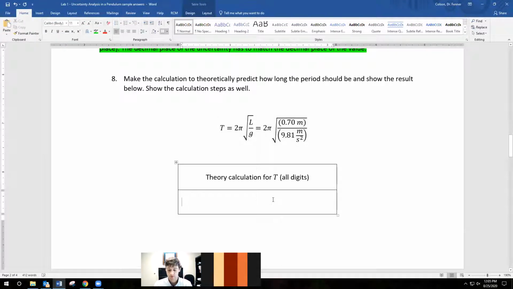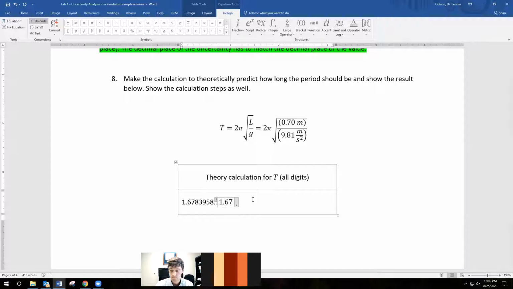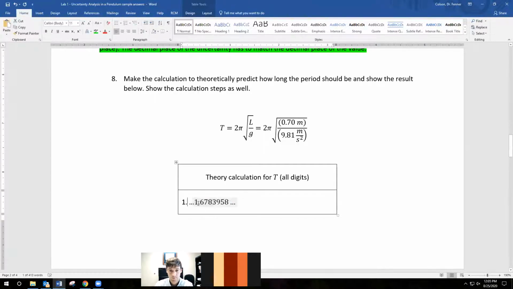And so when we crunch the numbers there, if we include all digits, we have 1.6783958, etc. That's in units of seconds.